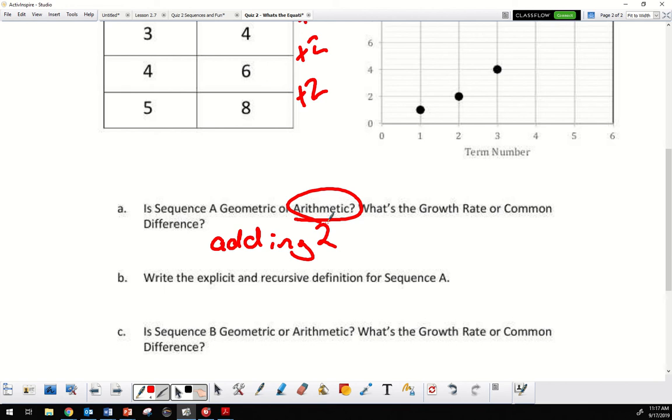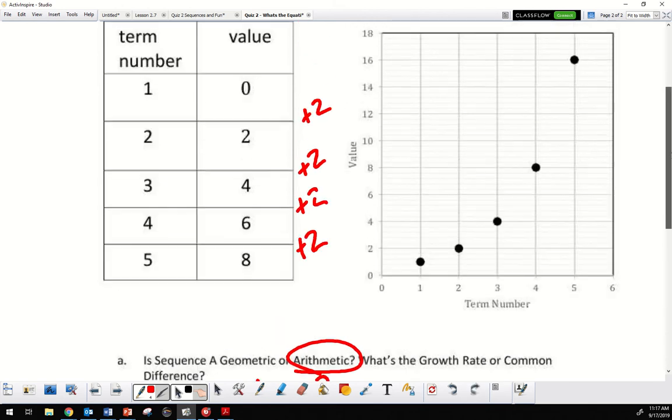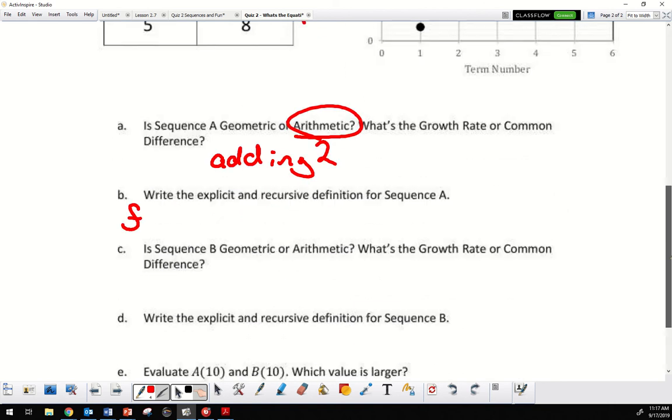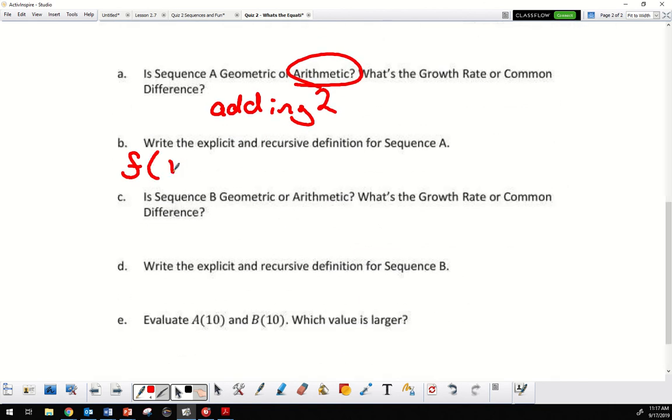So what is my first term in this? 0? 0, so you're going to say f of, now look at the steps, f of 1 equals 0, and then f of n is equal to f of n minus 1. You got to say the f of n minus 1, because that's the function of n minus 1. And now I do what? Plus 2.